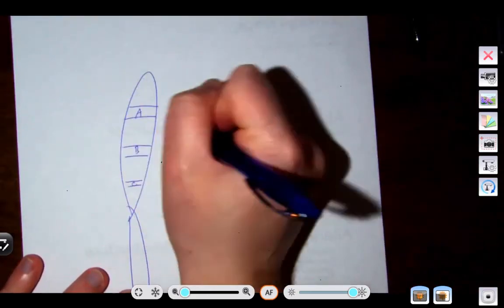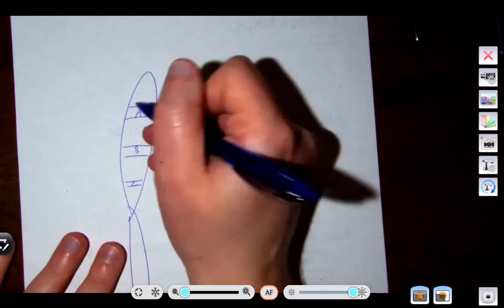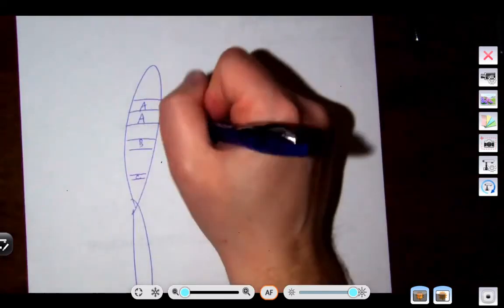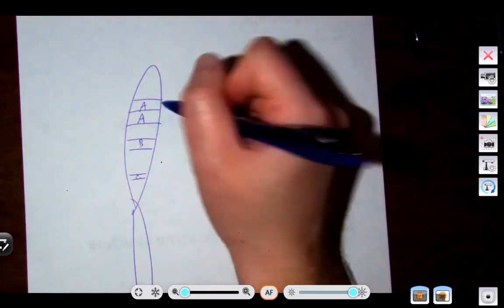What happens is, for some reason during DNA synthesis, the A gets copied twice. And now we end up with two copies of A on the same gene. And this can cause a gene to go into overdrive where we end up with more protein than we need. Now, a lot of times these are really well controlled, but duplications can cause issues as well.